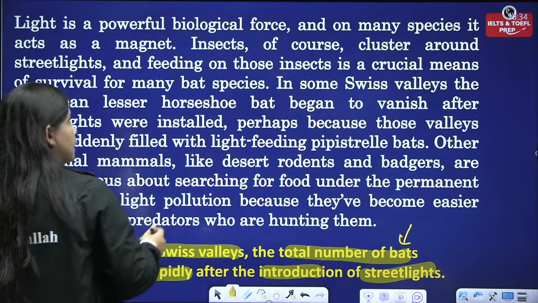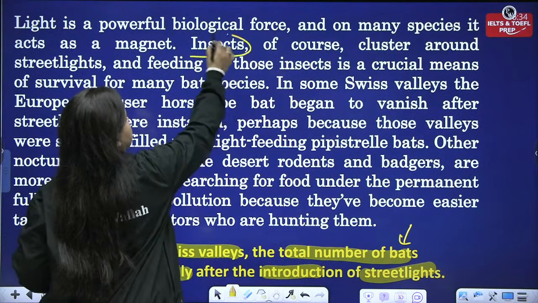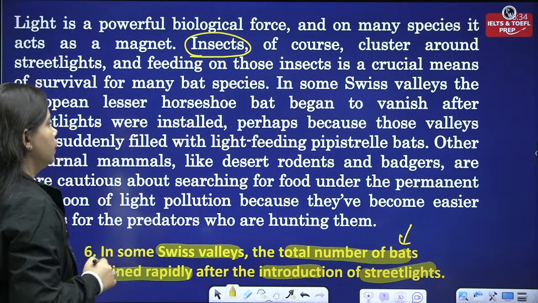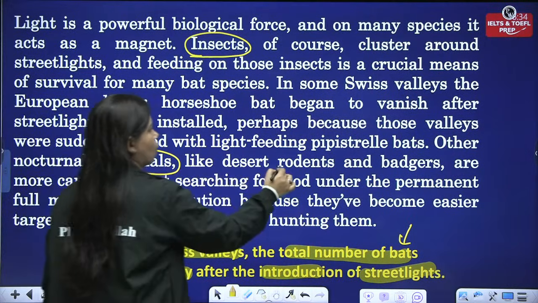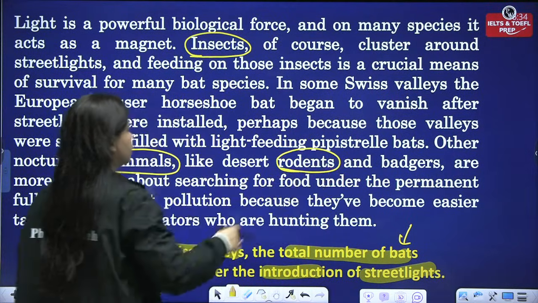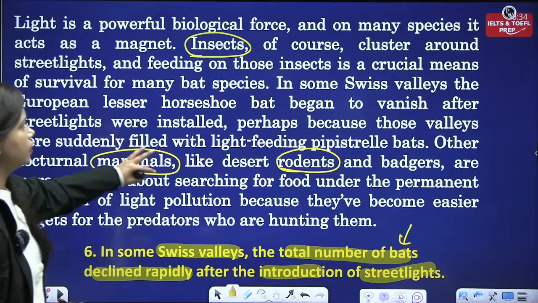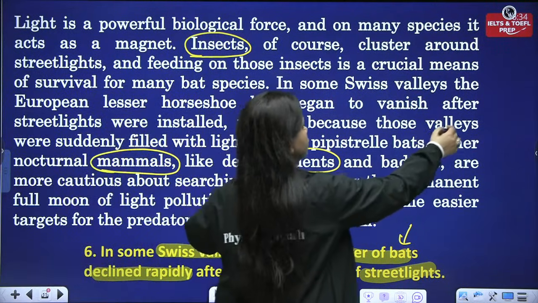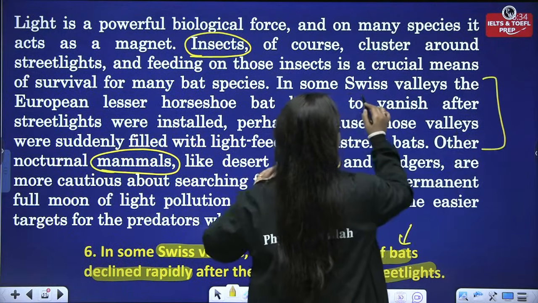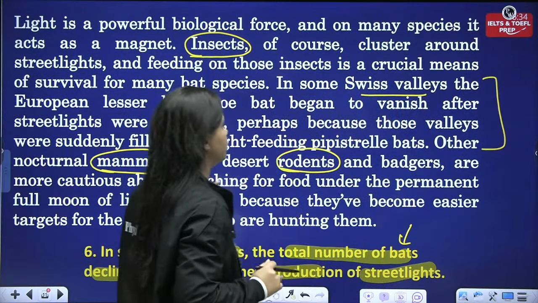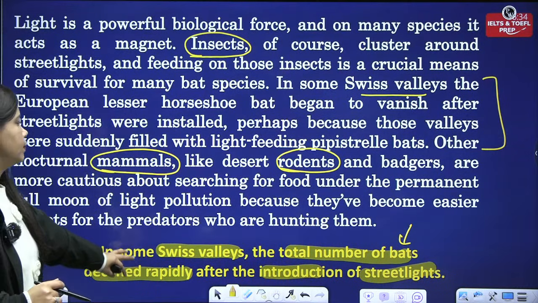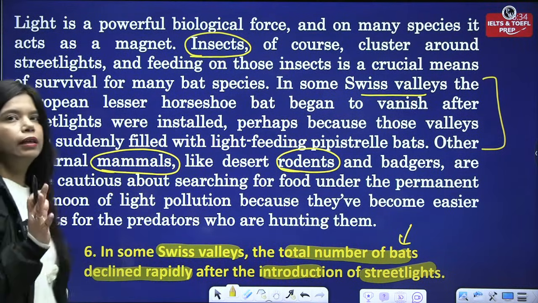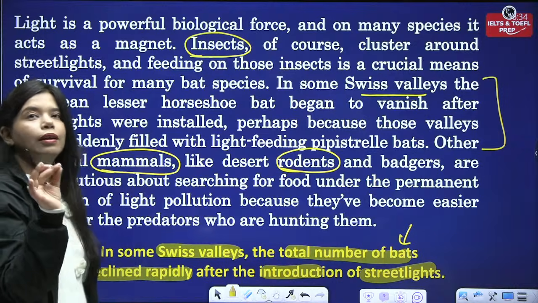Now if you see here, this sentence is about insects, whereas this sentence is about mammals, rodents as in rats, and badgers and basically other animals. That means what's the relevant area? This is clearly the relevant area, and they're talking about Swiss valleys here, just like the question is also talking about it. Now the question says, in some Swiss valleys, the total number of bats declined rapidly.